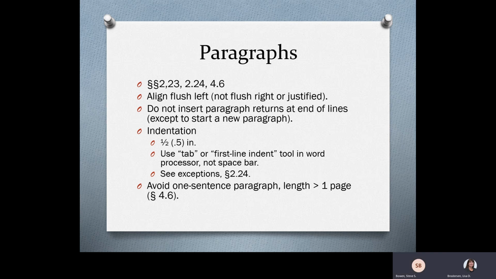But for those of us who used to write papers on a typewriter, at the end of each line, you hit a return so that you could start a new line. The typewriter wouldn't do that for you, whereas a word processing program knows when you're butting up against the right margin, and it knows to return and start another line. So you should not automatically insert a paragraph return just to start a new line, only to start a new paragraph.